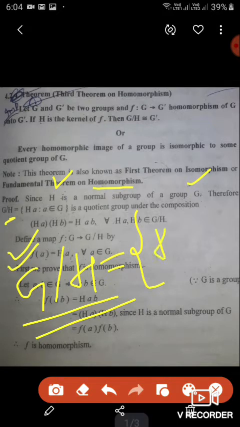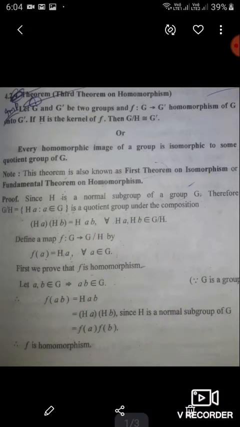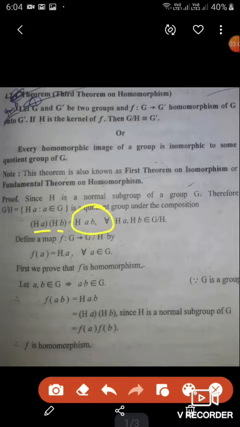Here, the elements in the form of Ha are belonging to the quotient group, where this element a belongs to group G, and here H is the normal subgroup. We can say that these are elements in the form of cosets, right? So this set will be a quotient group where the multiplication of two cosets we know is defined like this, and these elements are belonging to the set.